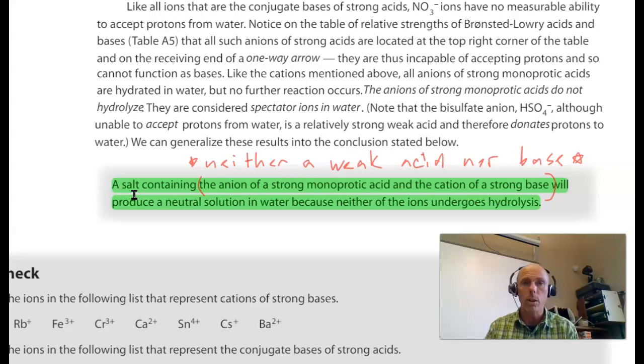The pH will not be greater than or lesser than 7. Really what that's saying is that the cation isn't a weak acid and the anion is not a weak base. So if the salt has neither a weak acid as its cation, nor a weak base as its anion, neither of those ions will hydrolyze water, neither of them will generate more hydronium or hydroxide than there normally is in water, and the pH will be 7.